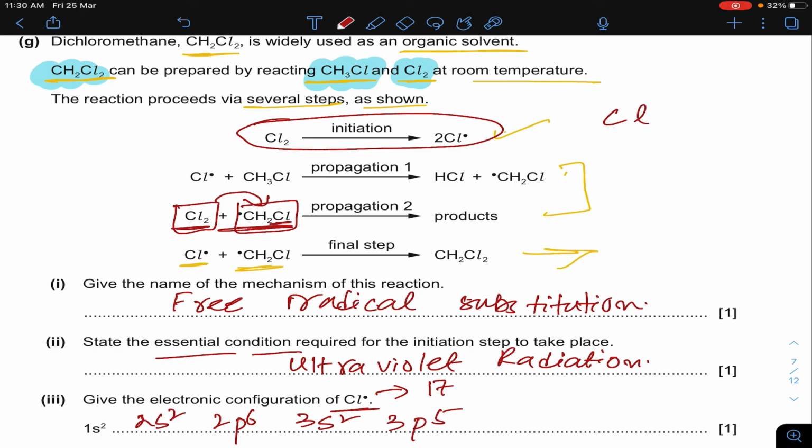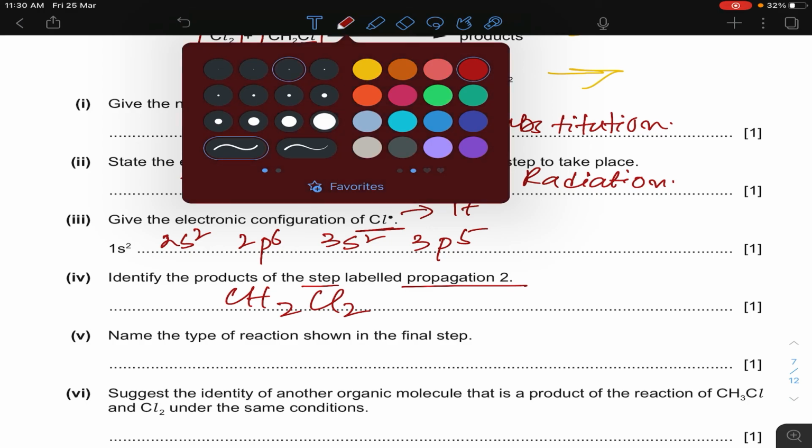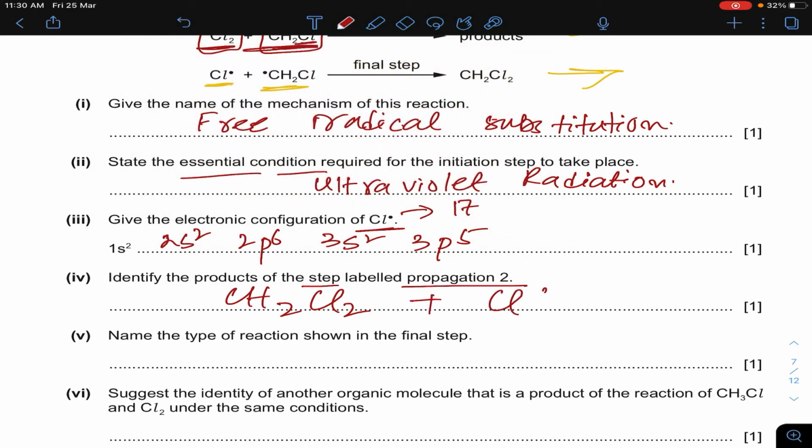Let me just write it here. So we have chlorine reacting with CH2Cl, the chloromethyl radical. The bond between the chlorine atoms breaks homolytically, and one regains its electron and the other chlorine makes a bond with CH2Cl. So we get CH2Cl2 and a chlorine free radical.